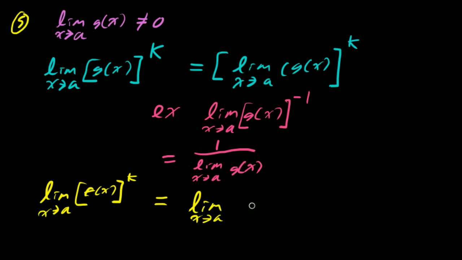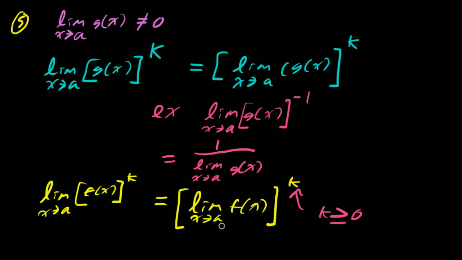So we could say the limit as x approaches a of f of x, all of that raised to the k power, these two things are equal as long as k is a positive number, or greater than or equal to 0. k cannot be a negative number if this limit as x approaches a of f of x is going to be equal to 0.